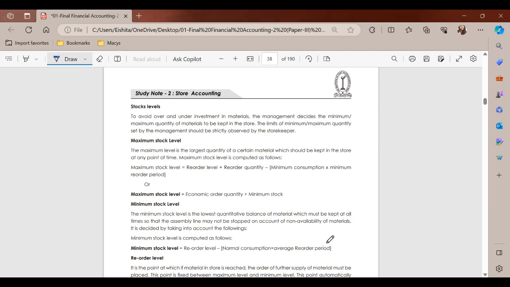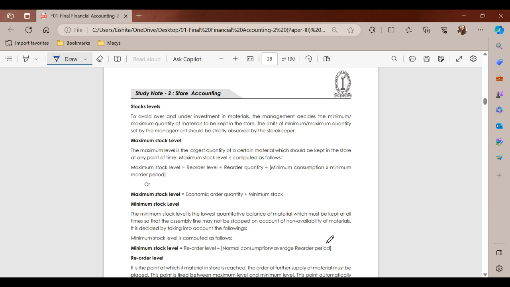Now we will understand the stock level. Stock levels are of various types to avoid under and over investment. Suppose you invest heavily in stock, there comes a problem that you are not able to sell all the stock and some stocks will go out of fashion.